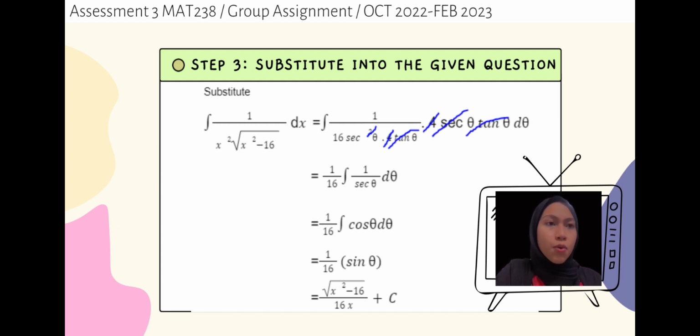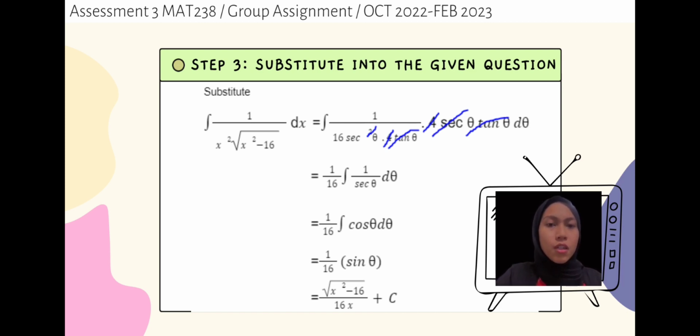Okay, first we are going to cancel the 4. Then we can cancel the tan theta and tan theta, and then the secant theta and secant theta. After that, 1/16 take the constant out of the integral, and we have 1 over secant theta d theta.